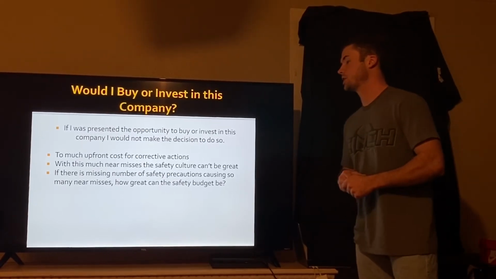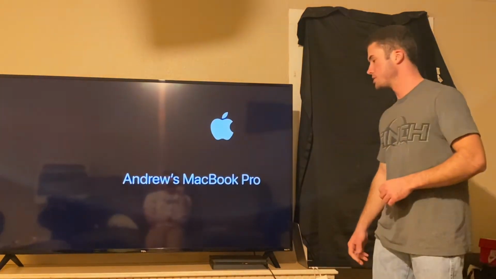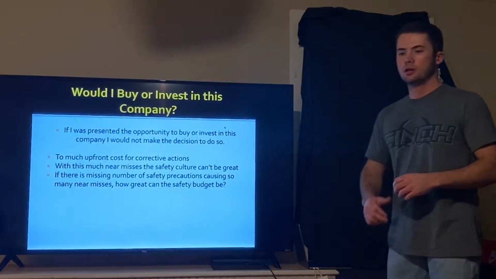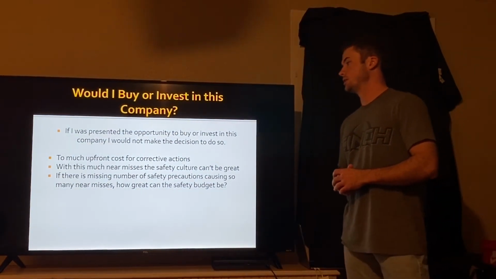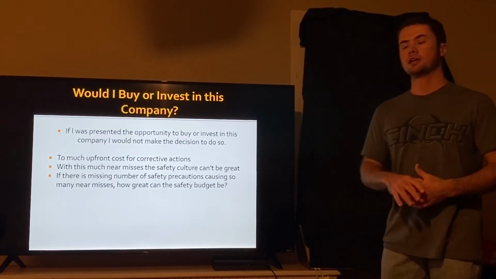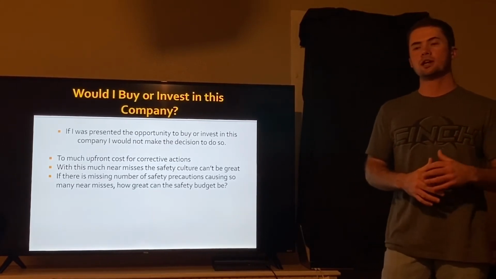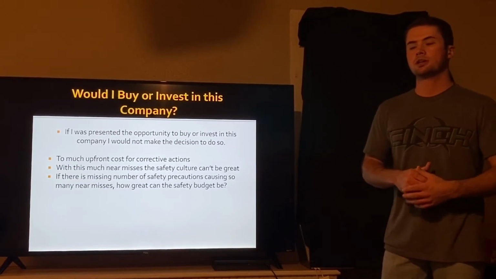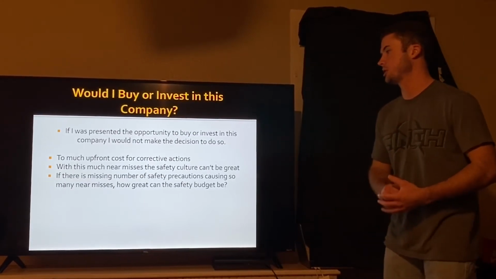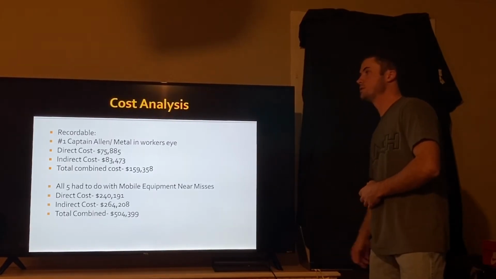If there were this many near misses and this many reports, how great are the safety precautions that are in place? The budget can always be changed, but trying to gain the respect back from your employees is much harder than just changing a budget. So that's probably why I would not invest or buy in this company.